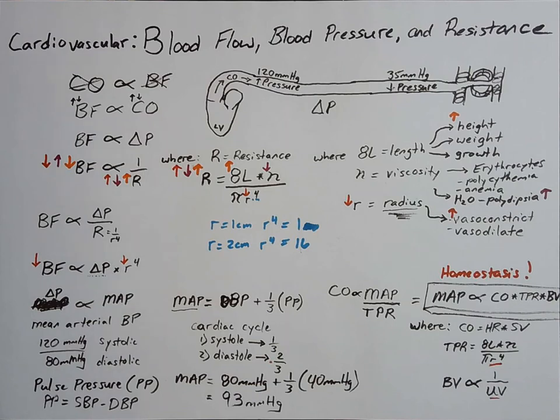And we're going to talk about atrial natriuretic peptide to bring blood pressure back down, or renin, angiotensinogen, angiotensin, right? Ang1, Ang2, aldosterone, and ADH, which are all going to try to bring blood pressure back up if MAP gets too low. We'll talk about that in the next lecture.